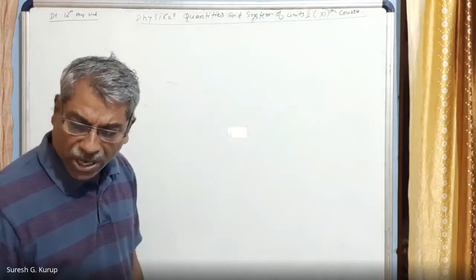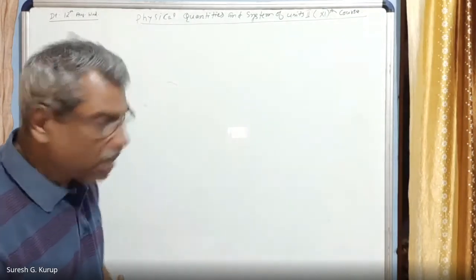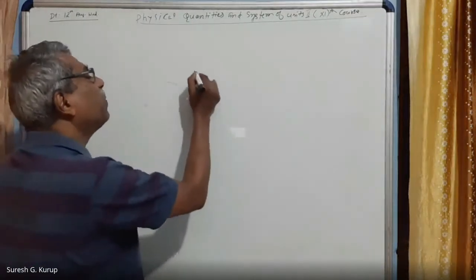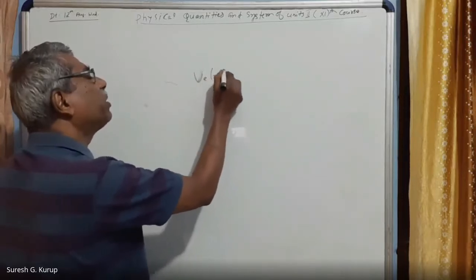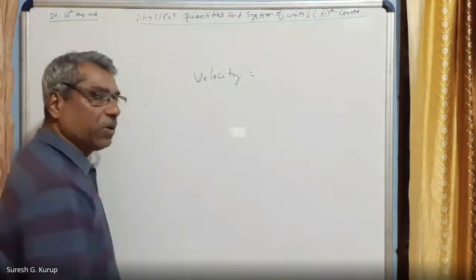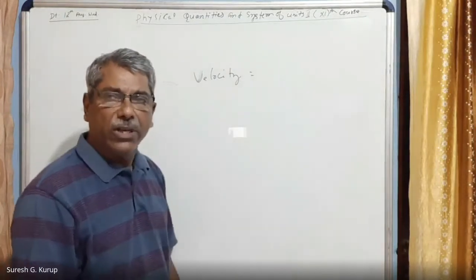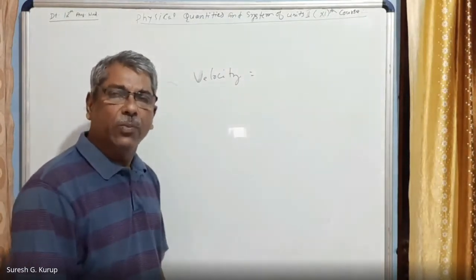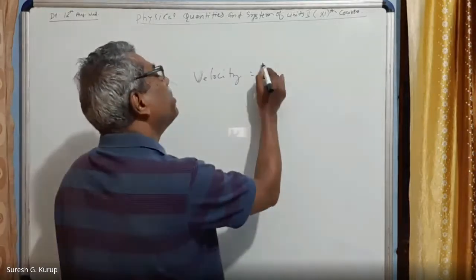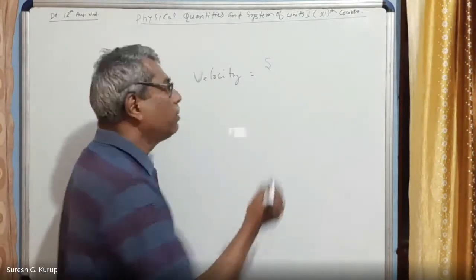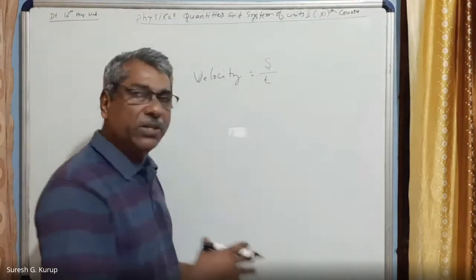For example, one quantity I am taking out of this is velocity. Why is velocity a derived quantity? Everybody knows velocity is the rate of change of displacement, which means displacement by time. Sometimes the displacement is denoted by S, so S divided by t, and sometimes you will write d by t.